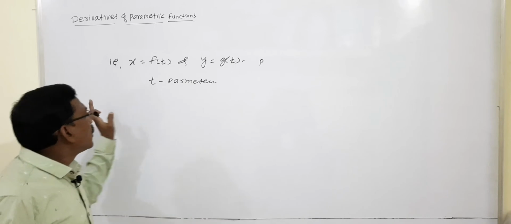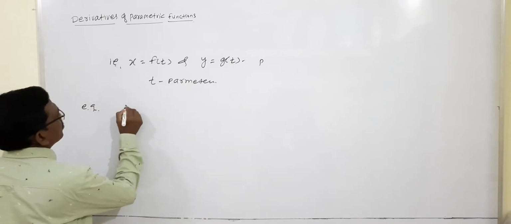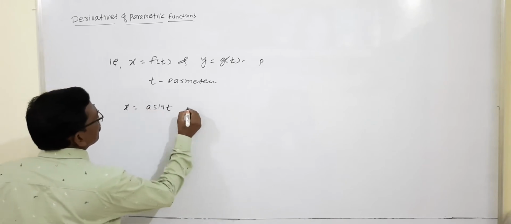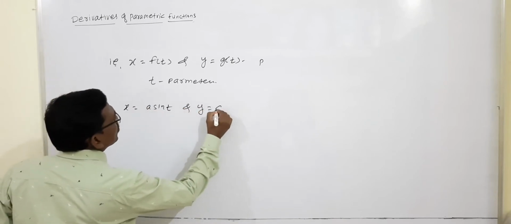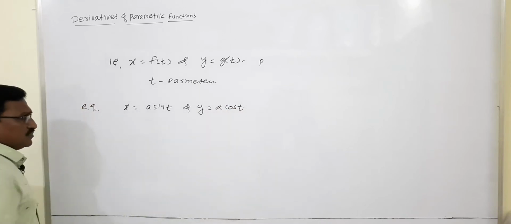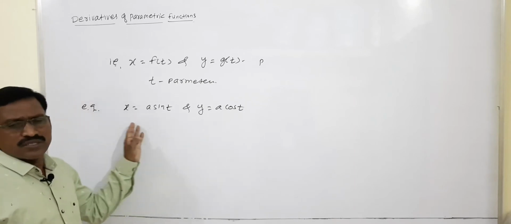Now if we take an example, x equal to a sin t and y equal to a cos t. Now we differentiate these functions with respect to t.